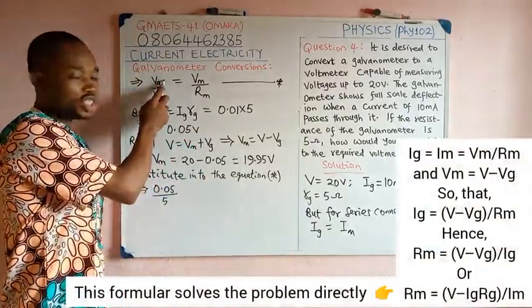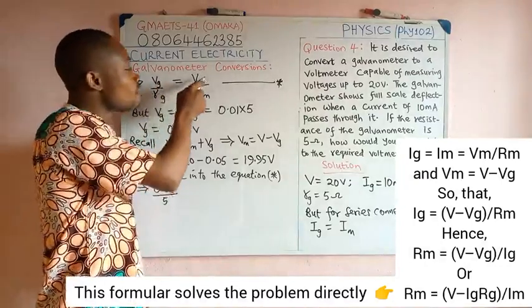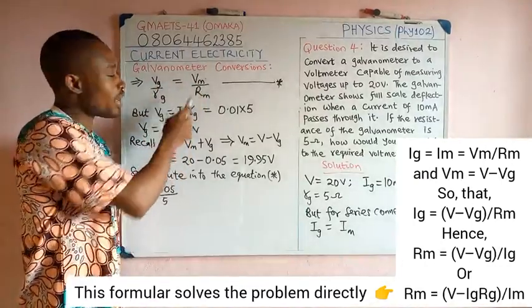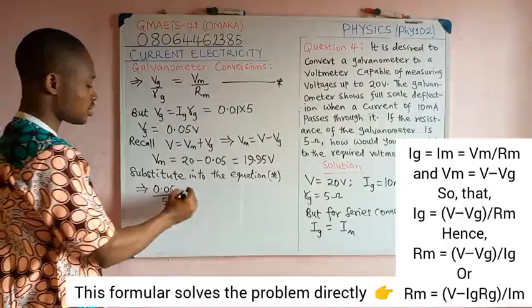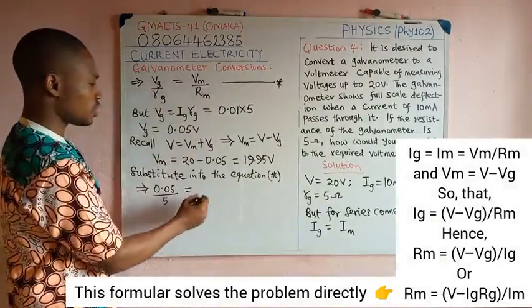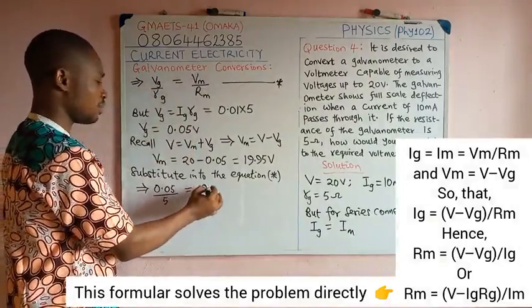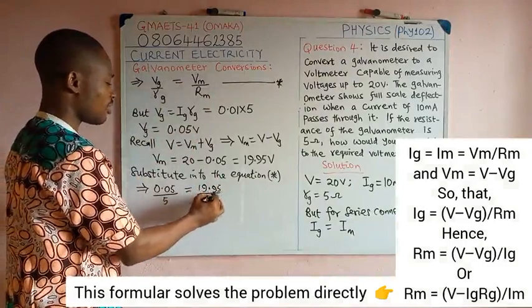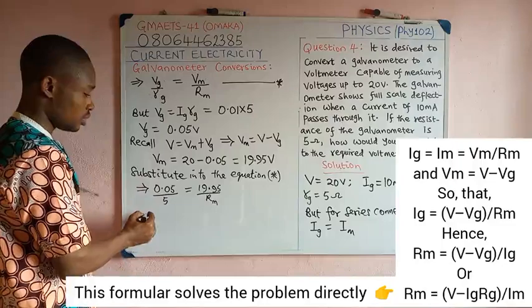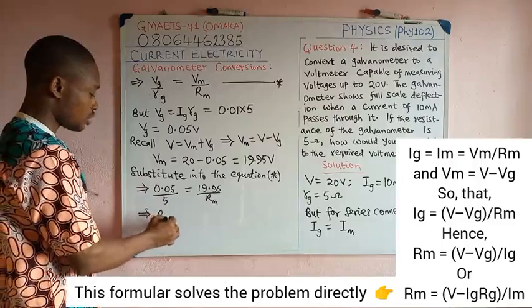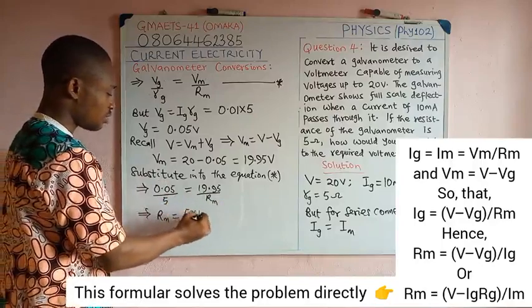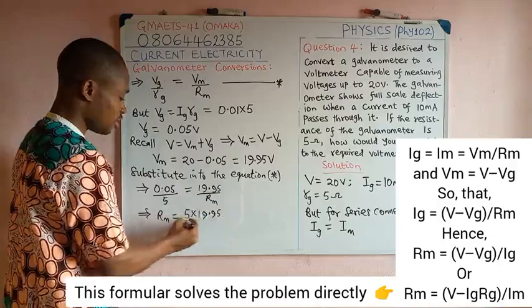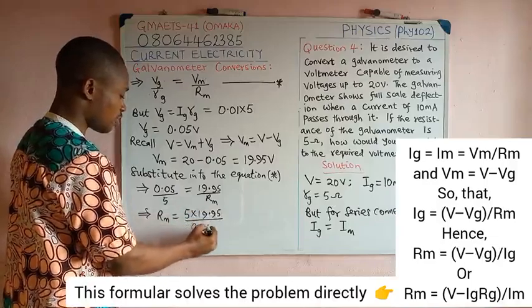Look at it. Ig, current through the galvanometer, equals voltage of the multiplier divided by the resistance of the multiplier. So that's what we have here. Let's just substitute and see. Voltage of the multiplier, the value we got is 19.95. I'm going to divide by R multiplier, which I don't know. If you work this out, R multiplier, cross multiplying and dividing both sides by 0.05, you're going to have 5 times 19.95 all over 0.05.